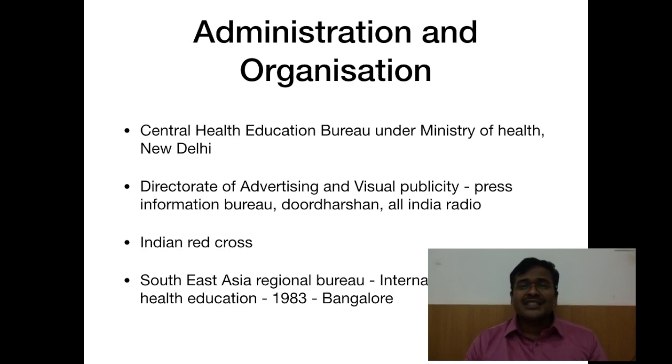All these agencies carry on with delivering the health education messages to the community, and there are private agencies like Indian Red Cross which give health education messages, and in WHO there is a separate wing for health education. And for India, there is a Southeast Asia Regional Bureau under the International Union for Health Education, and the headquarters is located in Bangalore.